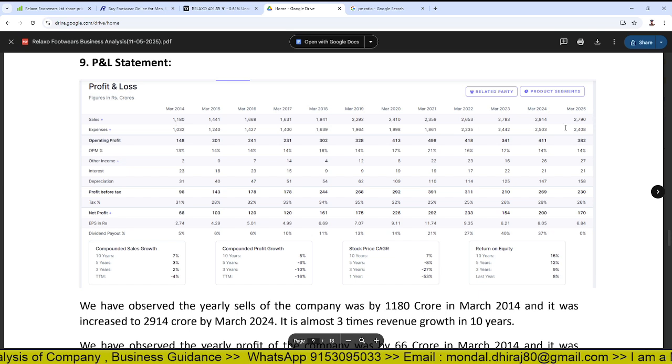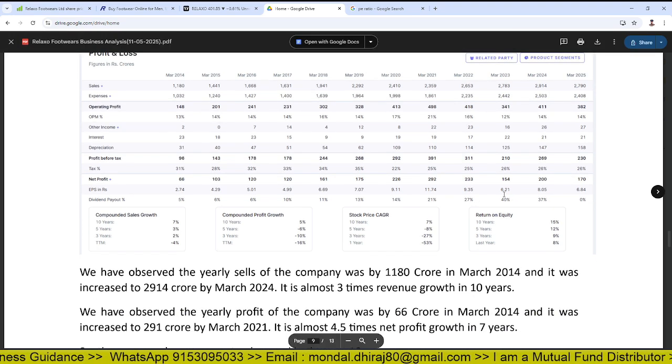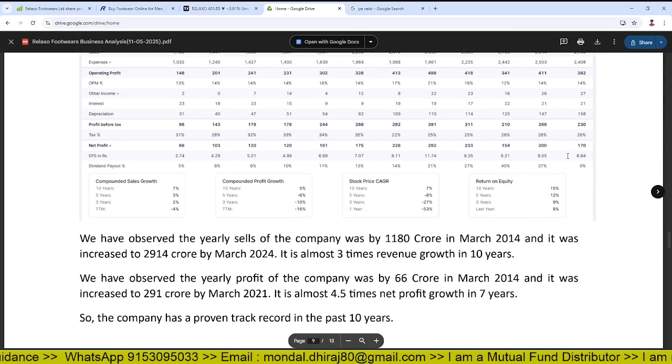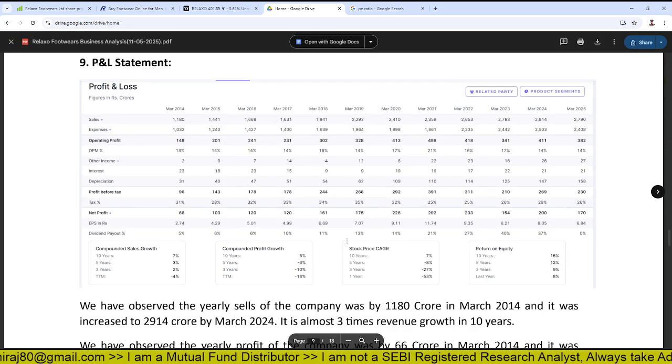So we can see the sales growth almost 3 times, and the net profit almost 4.5 times, from 66 CR to 170 CR. Profit before tax is 96 CR to 230 CR. So almost 4 to 5 times profit growth this company has given.